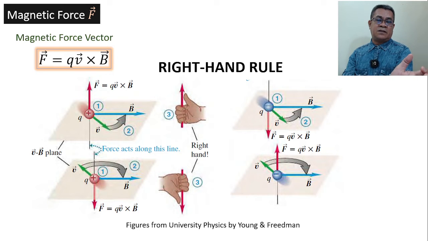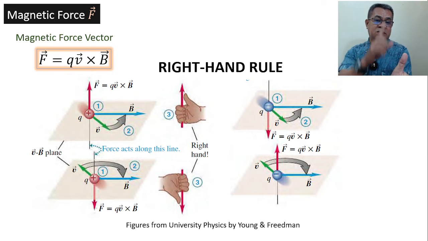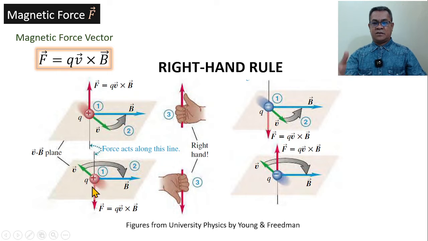So the strategy is you have to align your fingernails in the direction of velocity, then curl it towards the magnetic field. So this is the magnetic field and this is your velocity. You have to align your fingers in the velocity, then curl it towards the magnetic field, then stretch your thumb, and that will be your magnetic force. Okay, if you do it, then it's good.